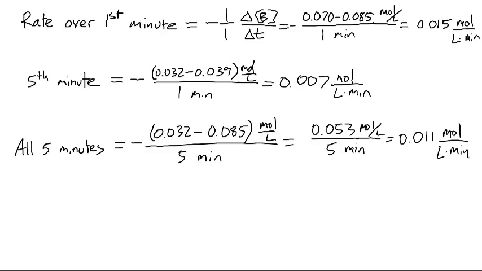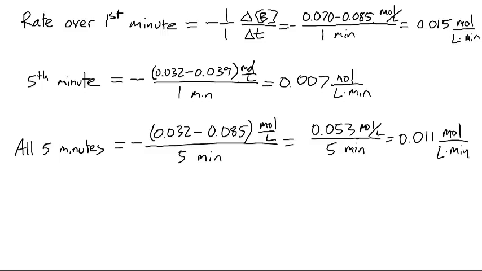Now, why did I ask you to do this? I want you to notice something about the reaction. What happened to the reaction rate over the course of the reaction? It decreased. The reaction rate slows down. So when we talk about reaction rate, the interval that we're looking at matters.